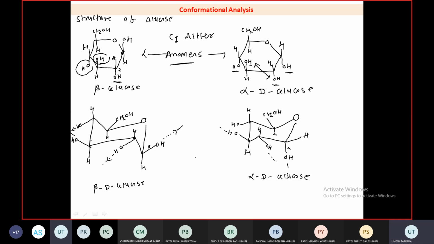you can have 1,3 and 1,5 diaxial interactions. See, the OH group is at carbon number 1 at axial position, so it creates diaxial interaction. Look here: diaxial interaction takes place between the OH and the 1,3 and 1,5 hydrogens.